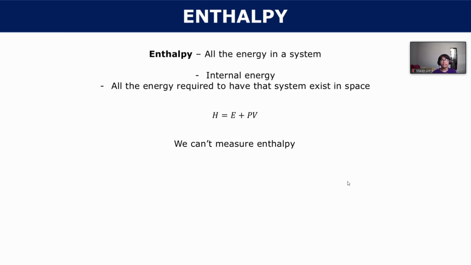A nice analogy I heard is trying to measure all the water in the ocean. There are so many weird pockets where water can be that we can't accurately measure all of it. Similarly, there are so many places where energy could be in a system that we just can't measure it. So what we can do is measure the change in enthalpy.